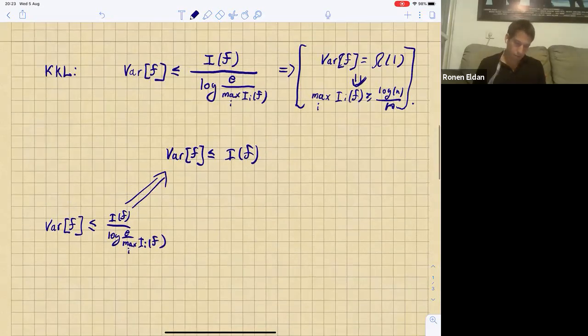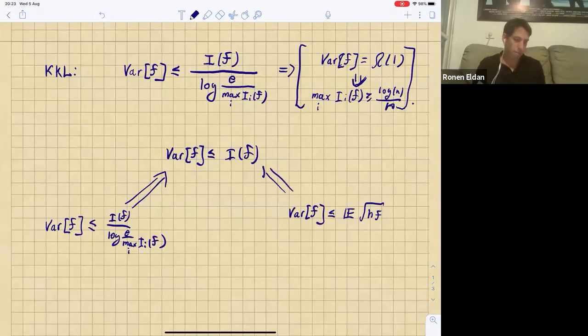And then we had another inequality, and it's also not hard to see that this implication is true, but it's actually true under the extra assumption that the variance is omega of 1.